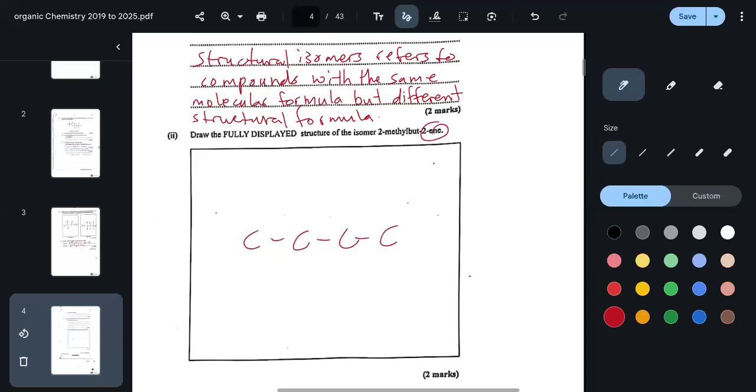Right? Once you see ene, we know it's alkene. So I'm going to put some letters A, B, C, D. Between which 2 carbons should I put the double bond? Sir, between B and C. Right.